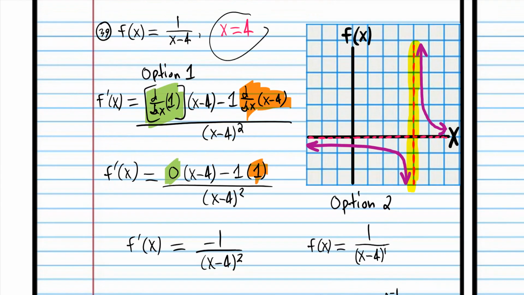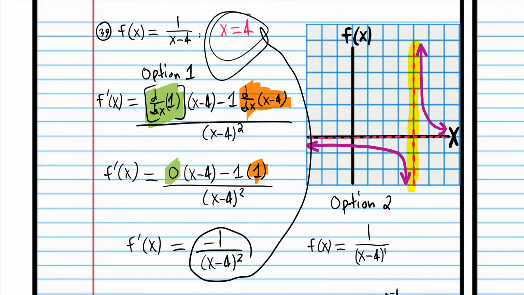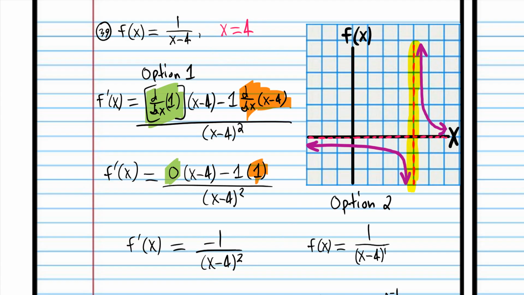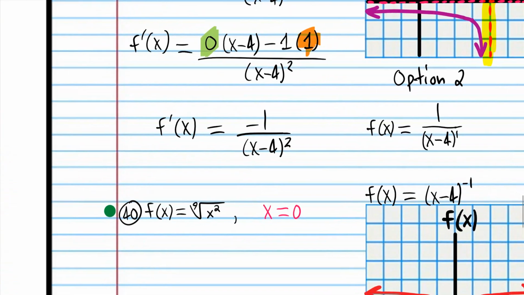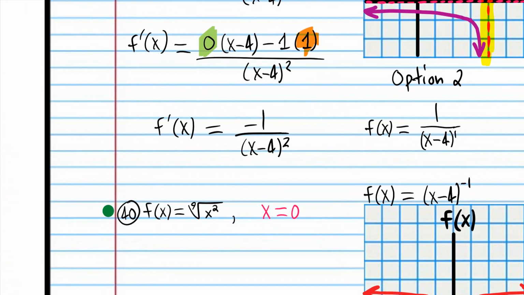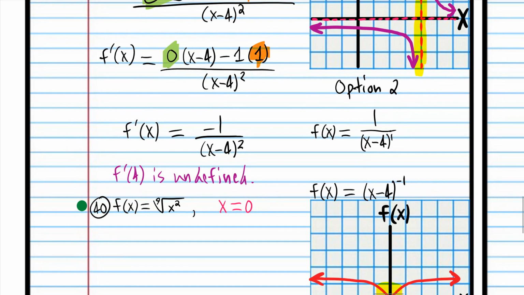But if we plug in 4, you can see that the derivative is undefined. So you would expect something to happen there. So we can conclude f prime of 4 is undefined. We showed algebraically why that is.